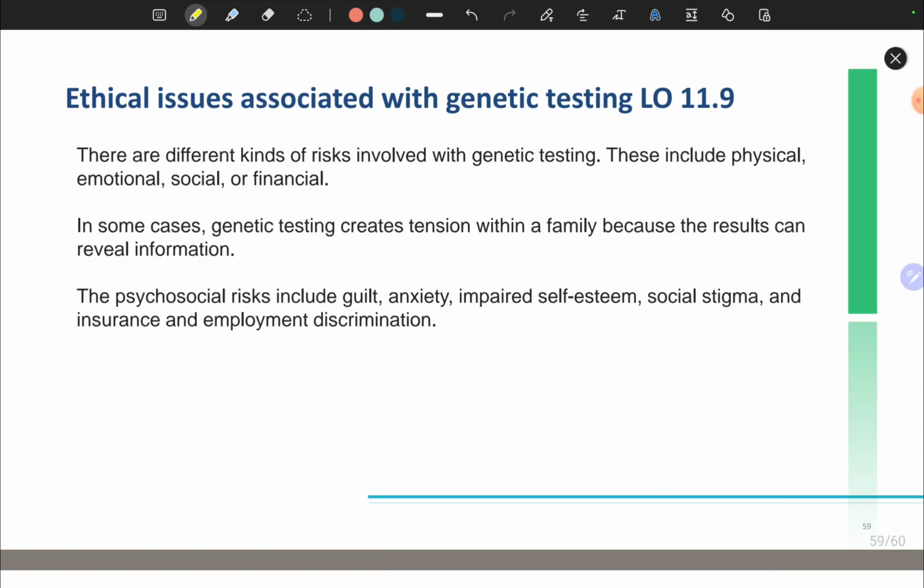So problems will be seen early in stage. And also we have psychological risk with guilt and anxiety, impaired self-esteem, social stigma, and insurance and employment discrimination. So this is for genetic testing, not just for chromosomal testing.